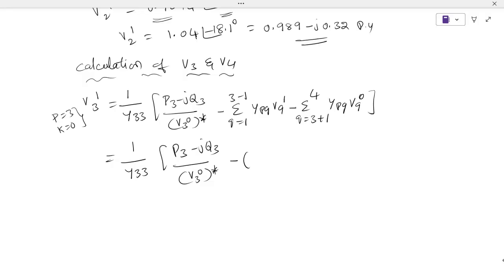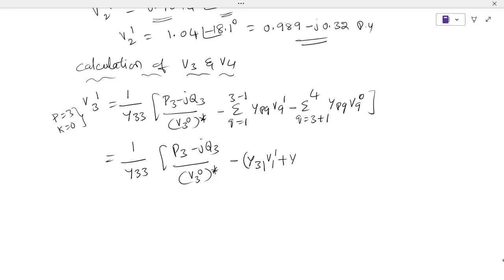So you need to substitute these values first: with Q equal to 1, that is Y31 (P is equal to 3) times V1 1, and now Q is equal to 2, you have to substitute.